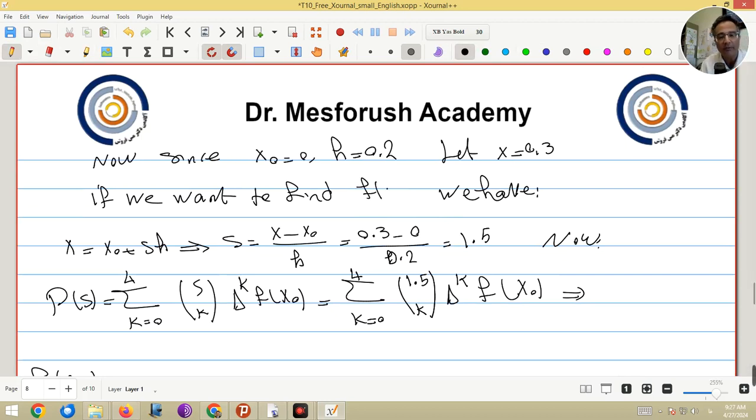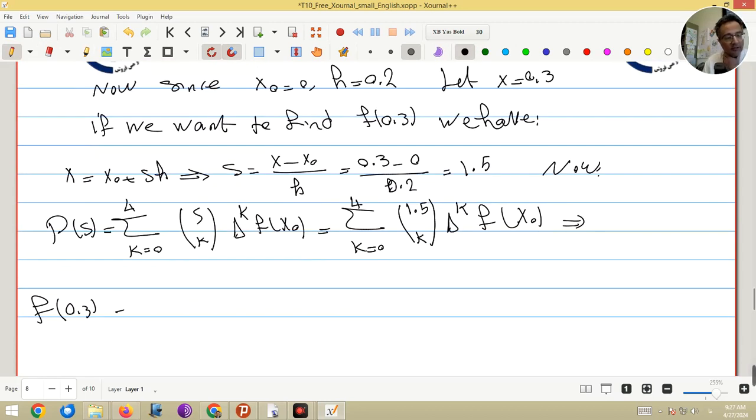We want to compute f of 0.3. So first of all, I have to change x to s. So here I will get p of 1.5, and this will be this one, in fact.